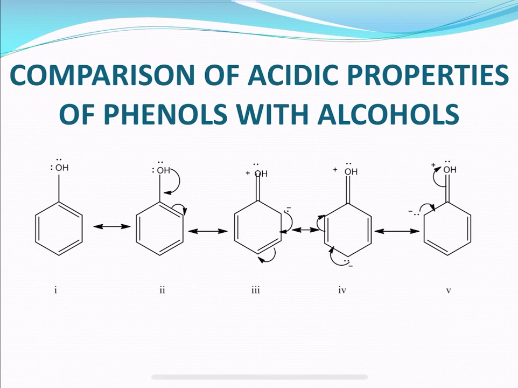For this reason, since phenoxide has more structures, the phenoxide ion is stabilized to a greater extent than the phenol. So, this favors the ionization of phenols to a larger extent compared to alcohols.